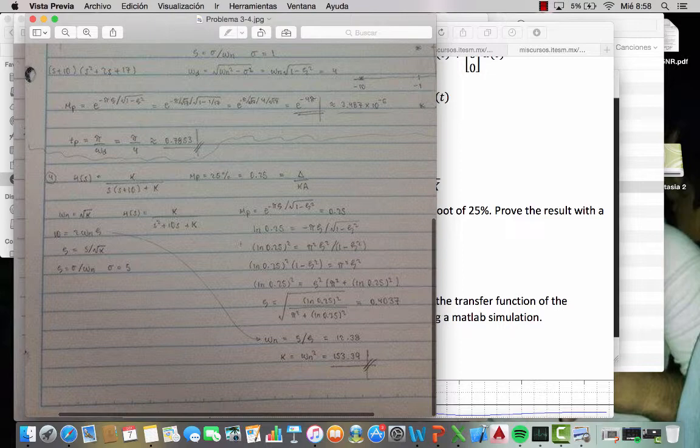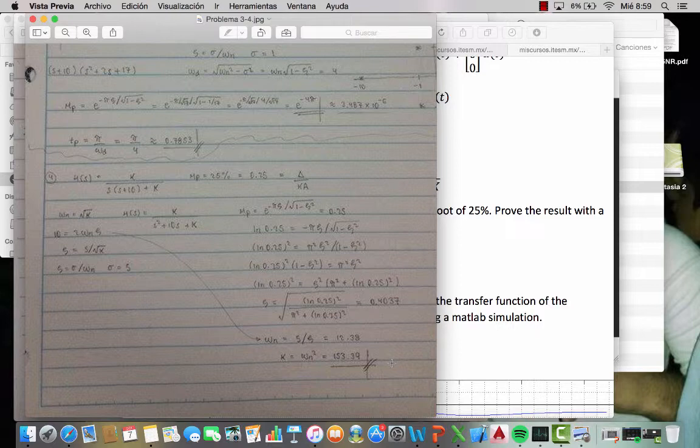Then we must apply the formula given by the teacher to calculate sigma. So we solve for sigma in this formula, and with the value of MP, the overshoot, we got this value for sigma that is 0.4037.